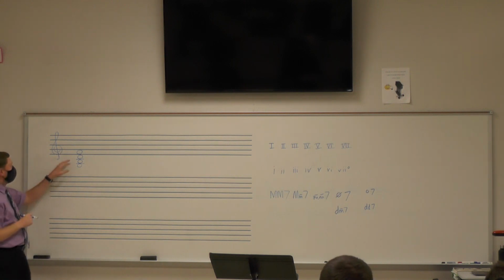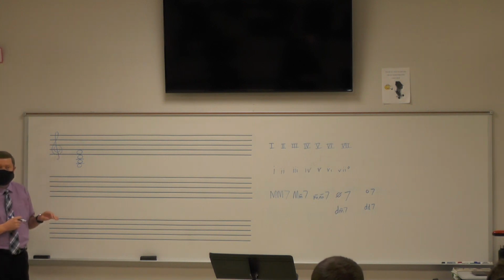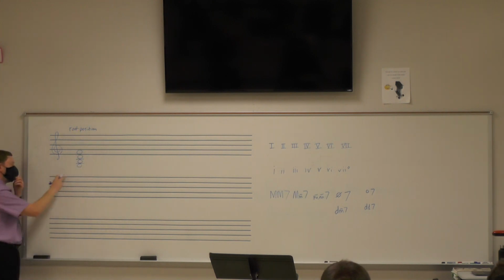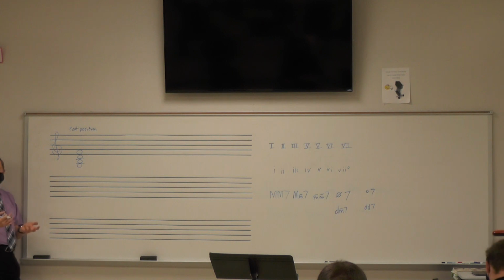And here is a root position seventh chord. We can tell it's in root position because, like triads, everything is stacked in thirds. And that always gives you root position. What does root position mean? It means that the lowest note of the arrangement of pitches is the root. That helps us tremendously identify things about music and chords.